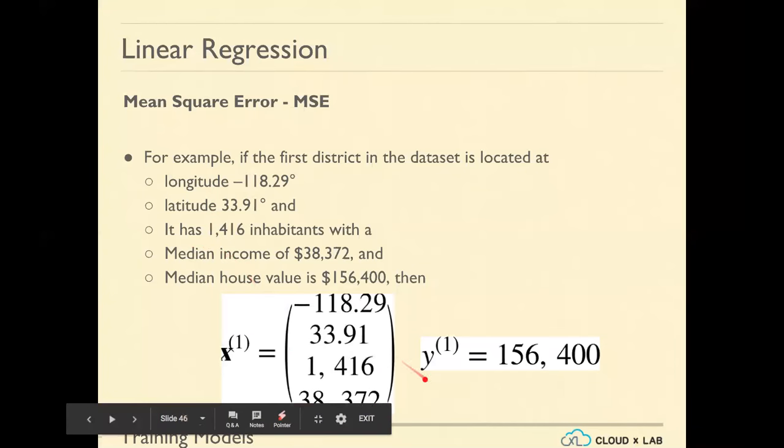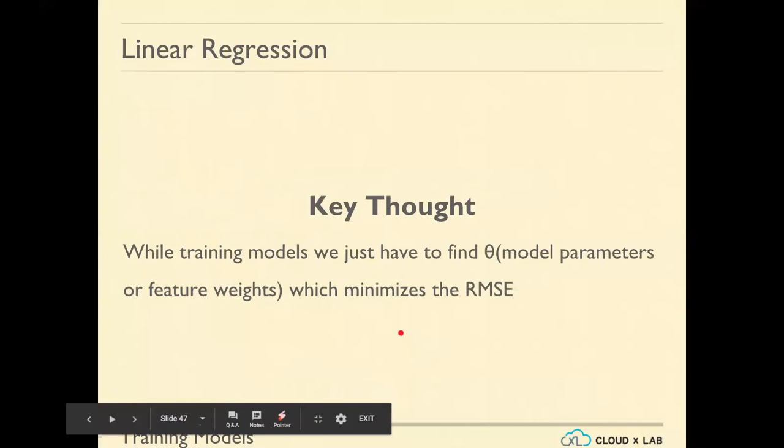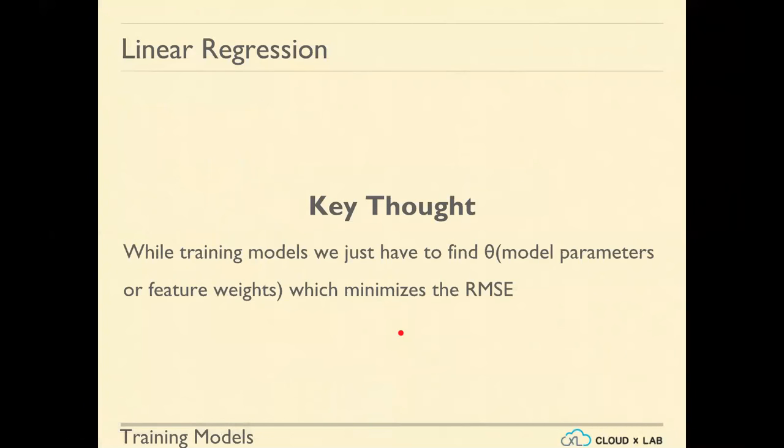Here is an example of xi and y1. While training models, we have to find theta which minimizes error. Error could be RMSE or MSE. The overall idea is to find thetas that minimize the root mean square value in the case of linear regression.